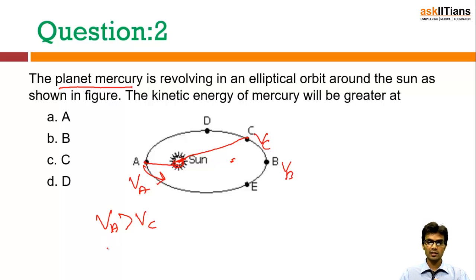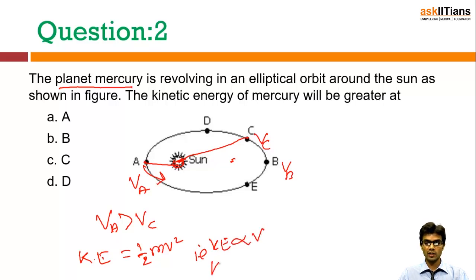If V is greater, then kinetic energy, which is half mv square, is proportional to v square if m is constant. So kinetic energy at A is greater than kinetic energy at C or any other point, because A is the nearest point to the sun. So kinetic energy at A is maximum.